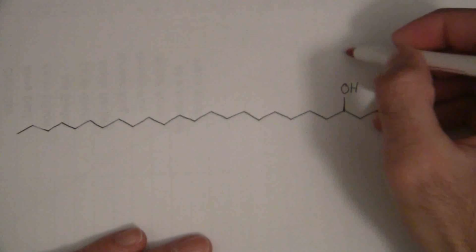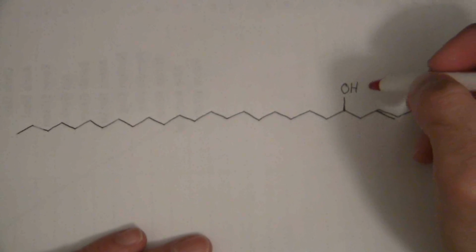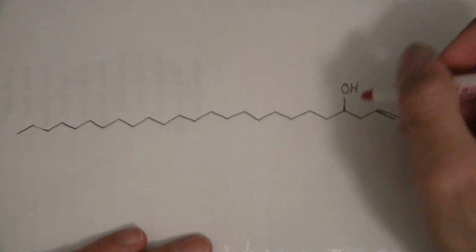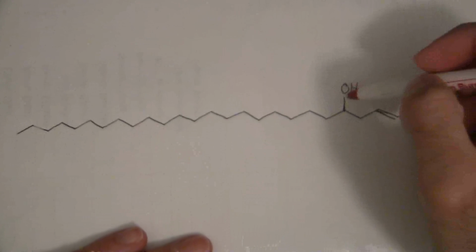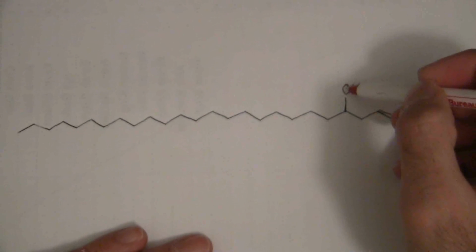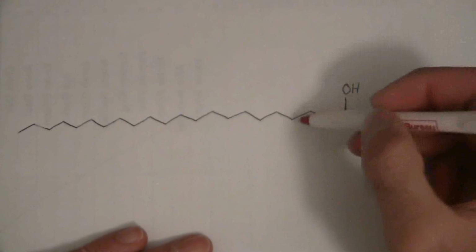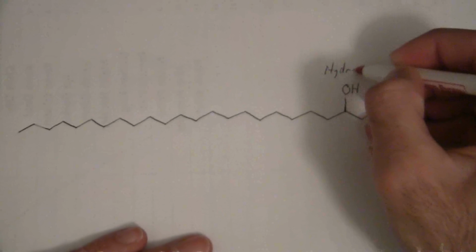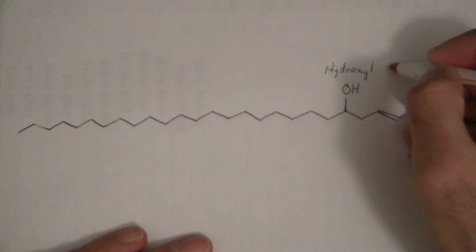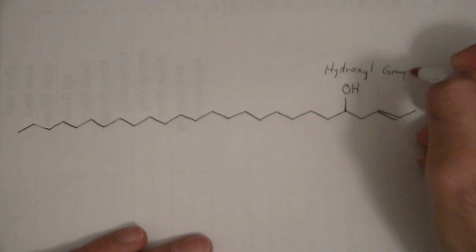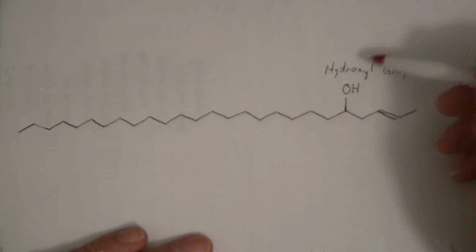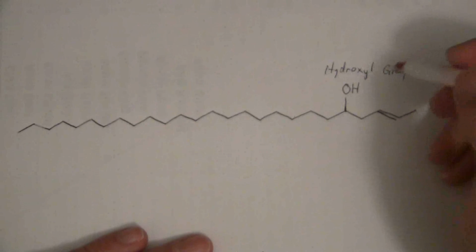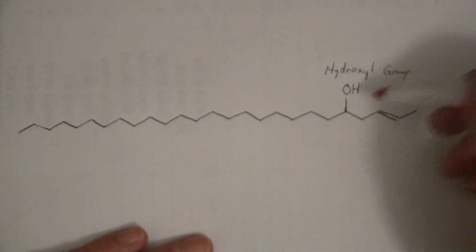Just like in inorganic chemistry, the OH negative ion is the hydroxide ion, in organic chemistry, when the OH is attached to the carbon, we call this a hydroxyl group. So similar name. Often we see this YL ending to group names.